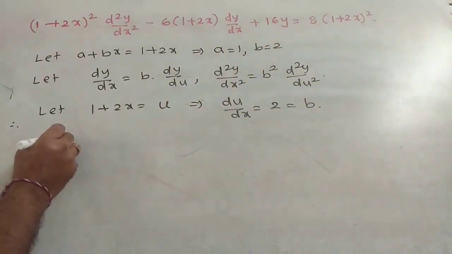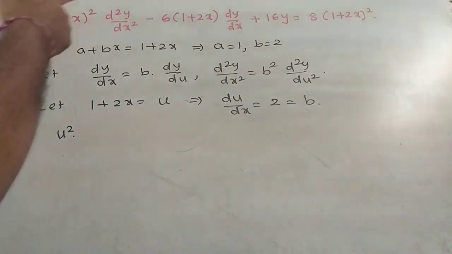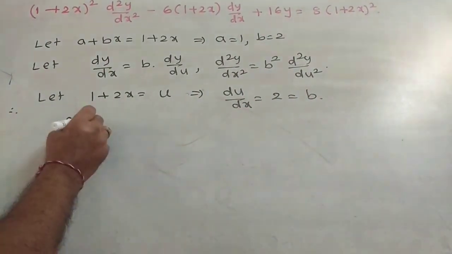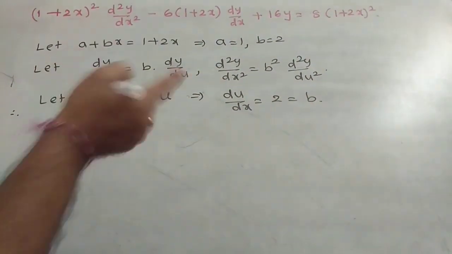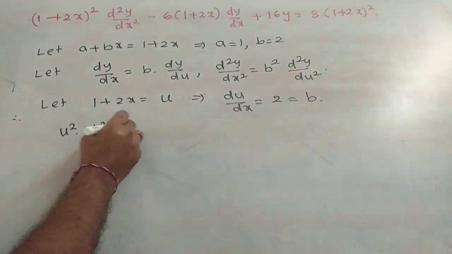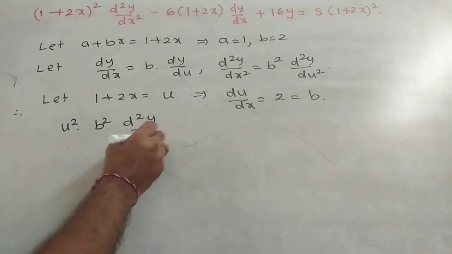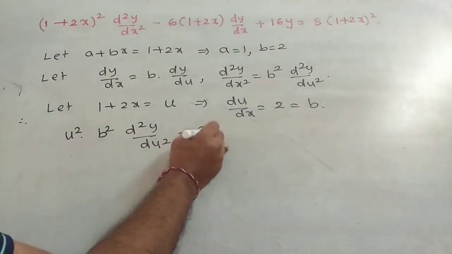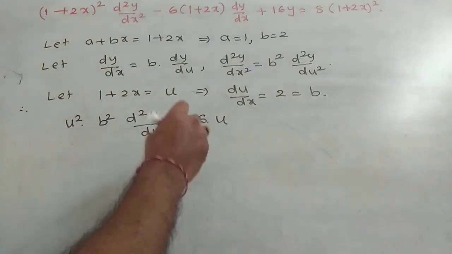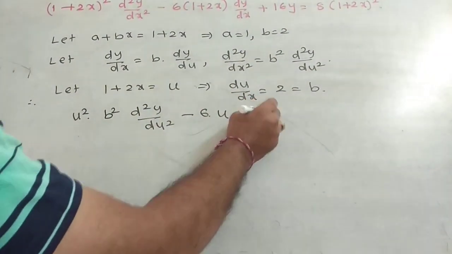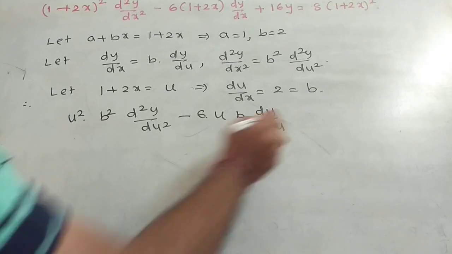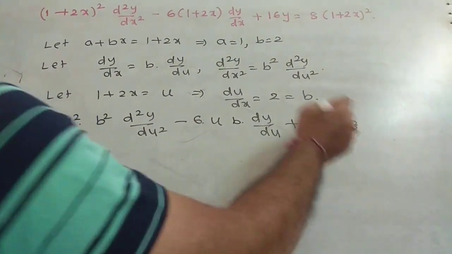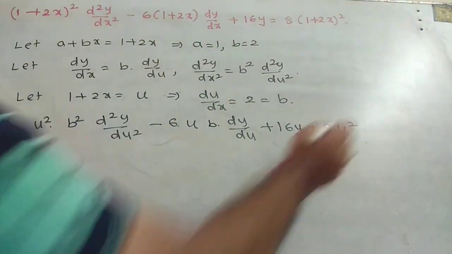That becomes u square into d square y by dx square, which is b square into d square y by du square, minus 6 into u, and dy by dx is b into dy by du, plus 16y, equal to 8 into u square.